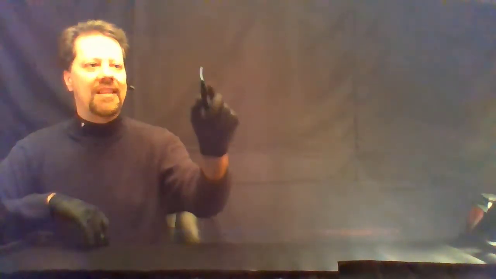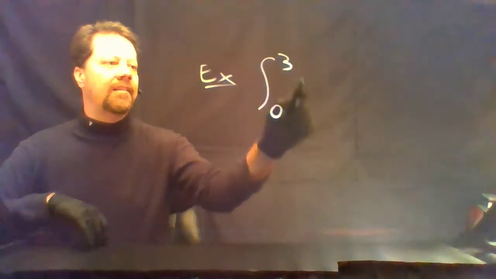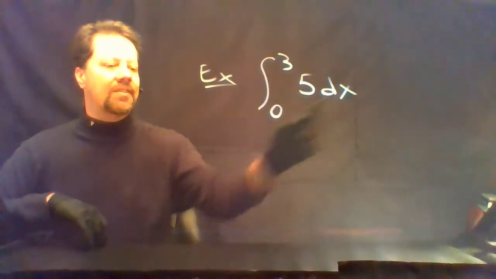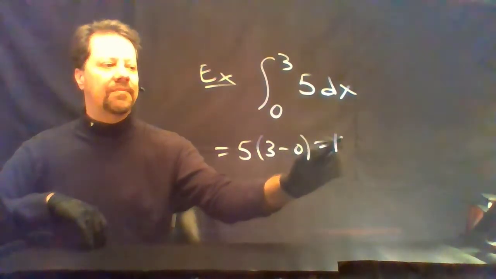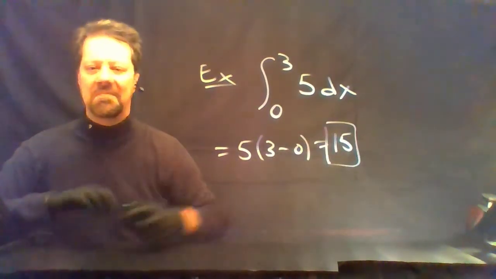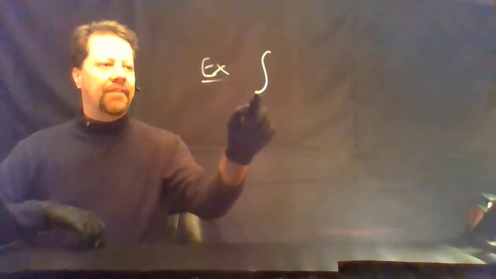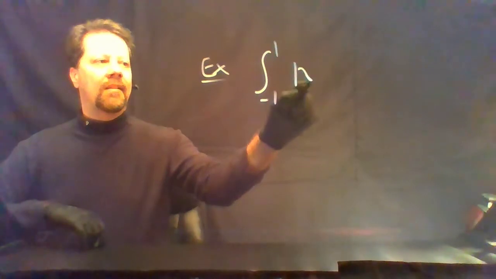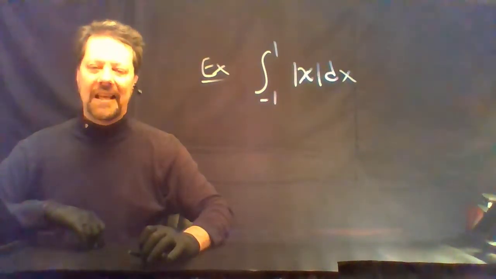As you can see then, if I integrate from 0 to 3, 5 dx, I'll get 5 times 3 minus 0, which is 15. If we integrate from -1 to 1, the absolute value of x, what do we get?